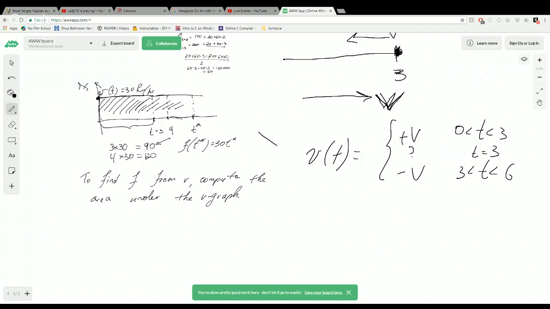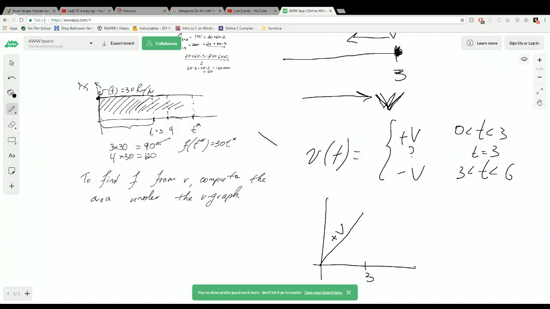Well, let's graph the odometer function. Let's graph the f based on this information. Let's just say our car started at the origin. Now, all the way up to time equals 3, we had the velocity positive v. So we know how to graph this, right? We went up with slope positive v. There we are, positive v slope.